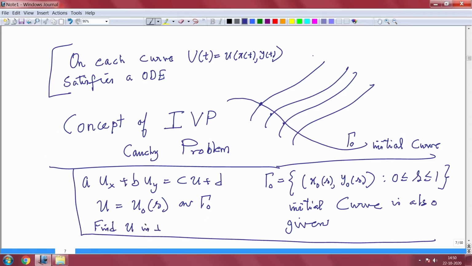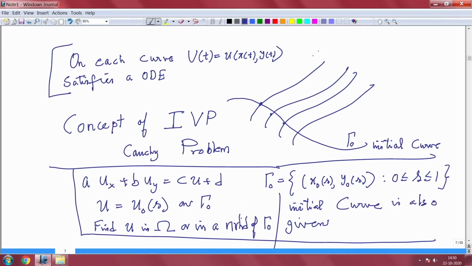So, this is your initial value problem, and the problem is to find u in omega or in a neighborhood of that initial curve. So, find u in the entire domain omega, or find u in a neighborhood of gamma naught.